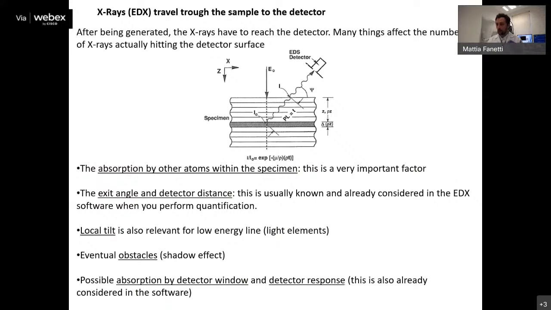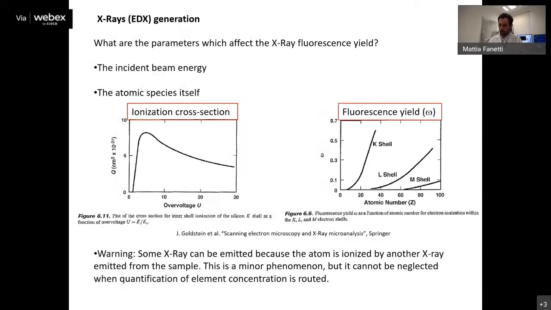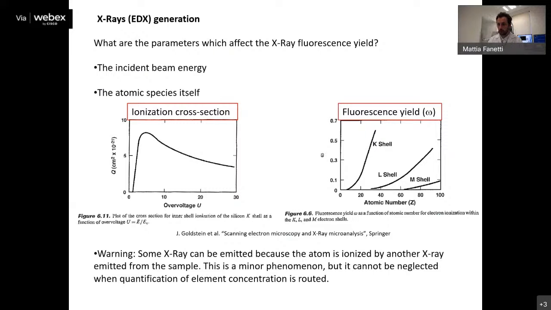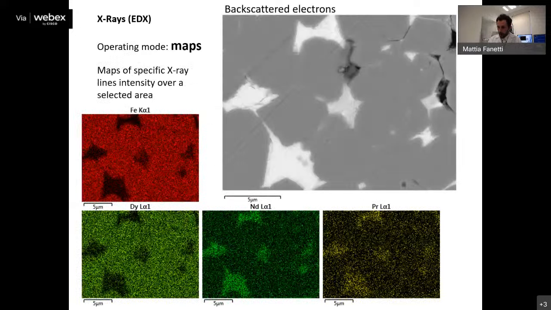Okay, so what are the two principal modes of analysis that you can use your EDX apparatus for? One is the collection of a spectrum in a single point or in a region, and then the analysis of the elements. So which elements are there, how much, the concentration. The second thing that you can do is to make a map. A map is something like this. For example, this is the same magnet that I showed you before.